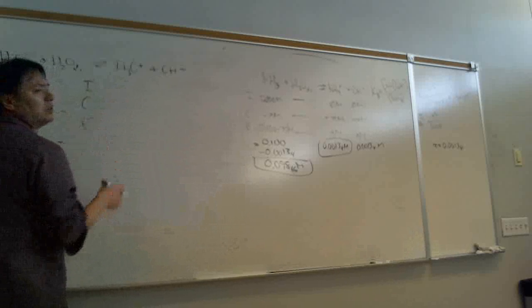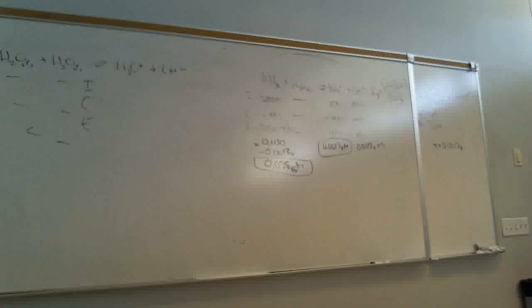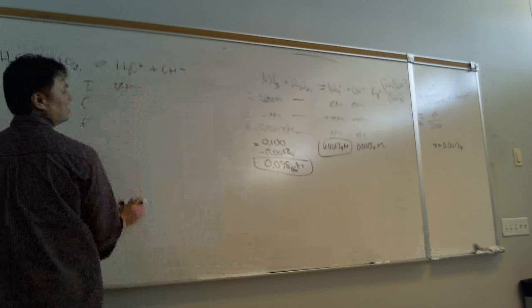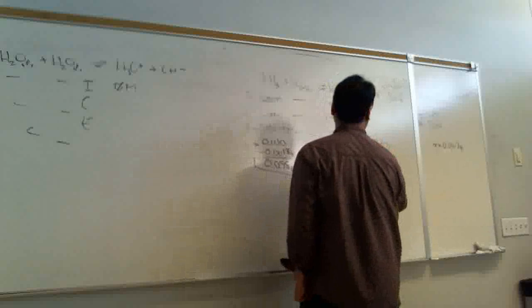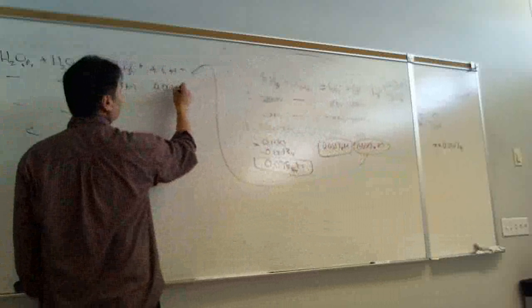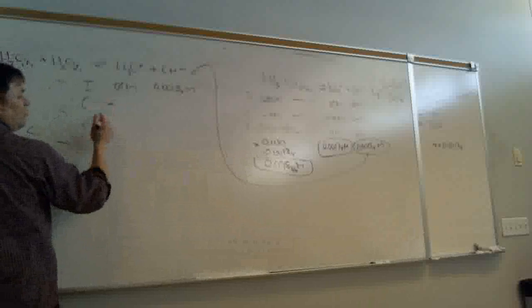Hydronium, I reset this, so I assume that no water molecules have yet collided. And so the hydronium is what? 0. But my hydroxide is not 0. Why? Yeah, because from step 1, I have 0.00134 molar here.